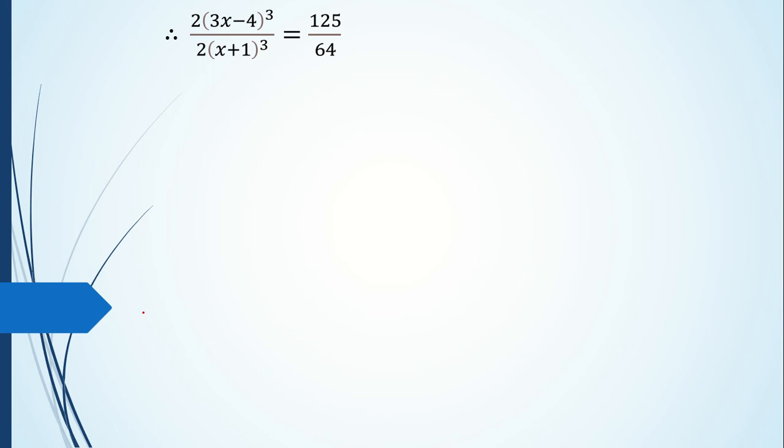Now this 2 will get cancelled. So (3x minus 4) the whole bracket cube upon (x plus 1) the whole bracket cube. Now there is a cube and we want to get rid of cube, so we will say taking cube root. If there was square, we say taking square root. So now we will say taking cube root on both sides.